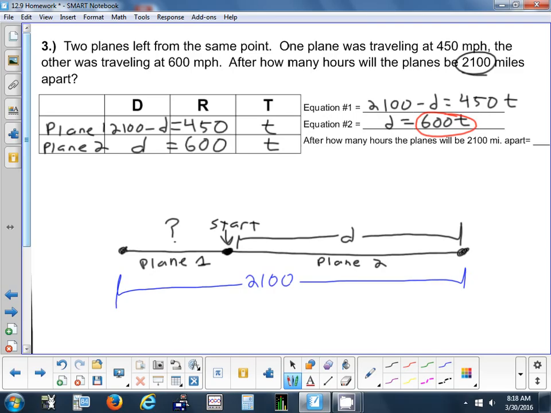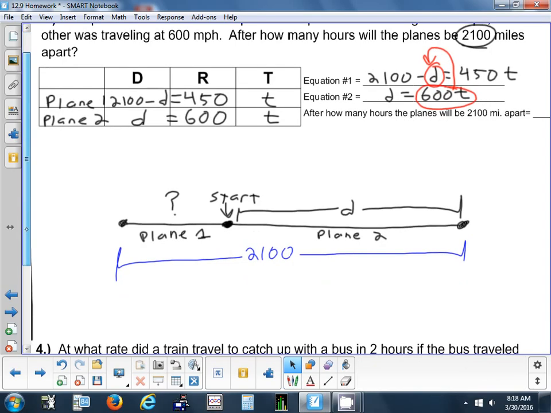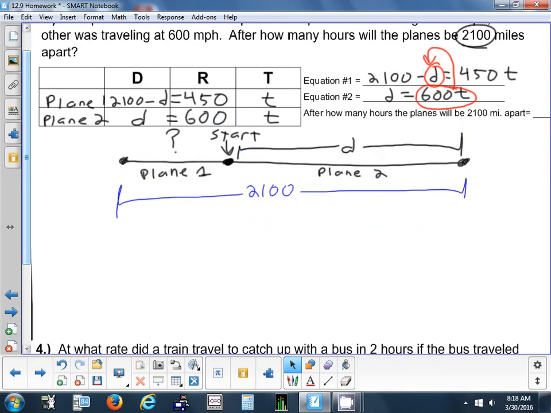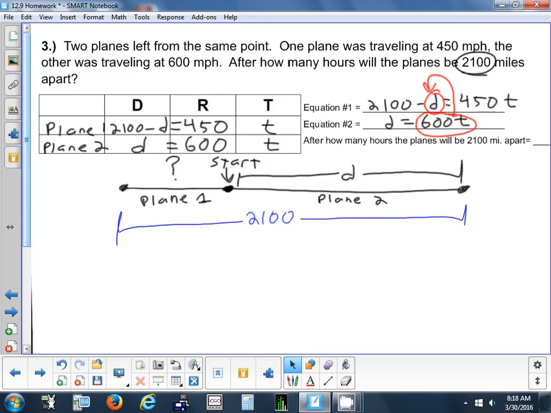Yes, I do. Right there. So we're going to use substitution for D. We're going to substitute 600T into the top equation. You always take whatever's by itself and fill that in for the letter in the other equation.